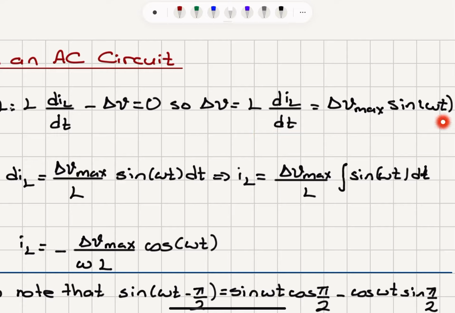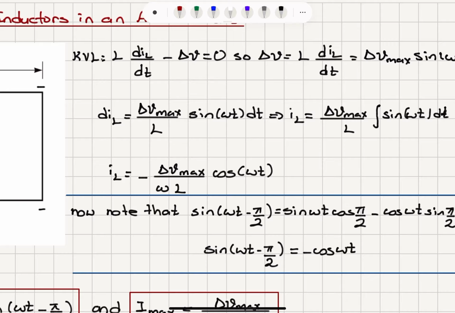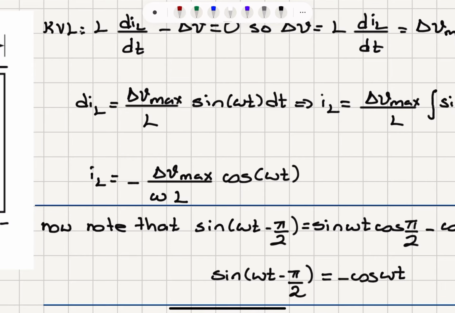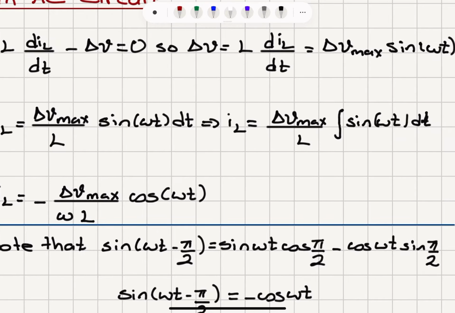This is where we see the relationship between the current flowing through the inductor and the voltage across the inductor. If you isolate dIL, we have delta V max sine omega t dt over L, and by integrating the right hand side, we obtain delta V max over L integral sine omega t dt.